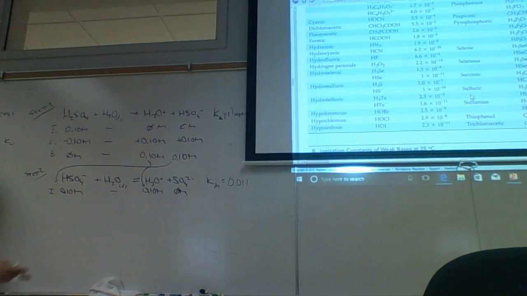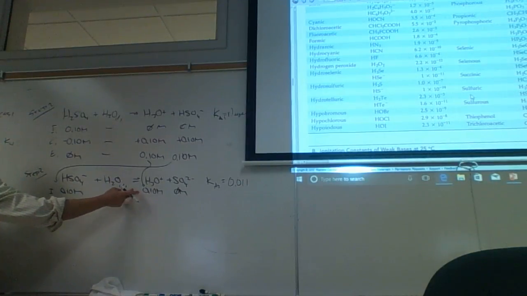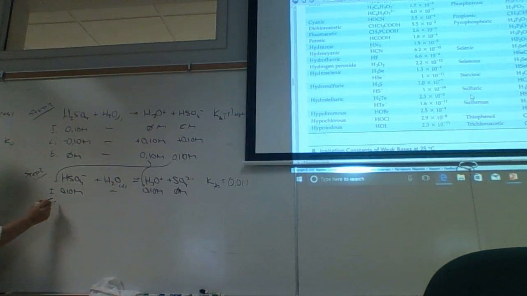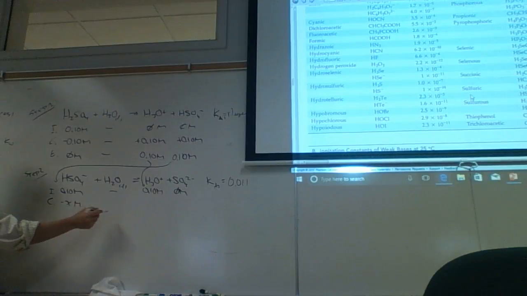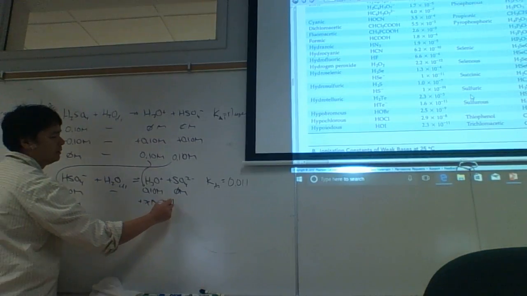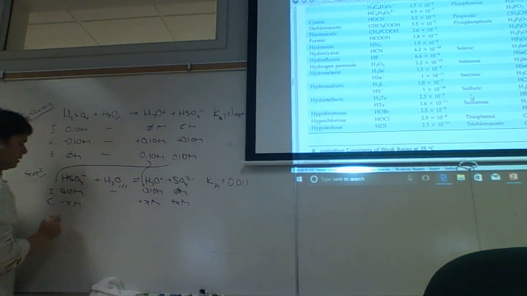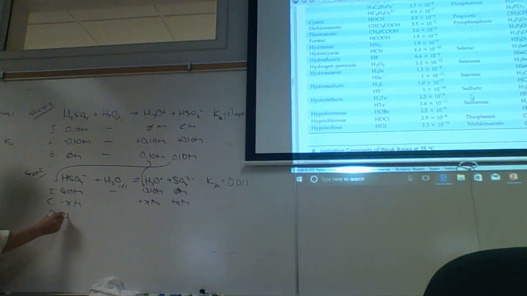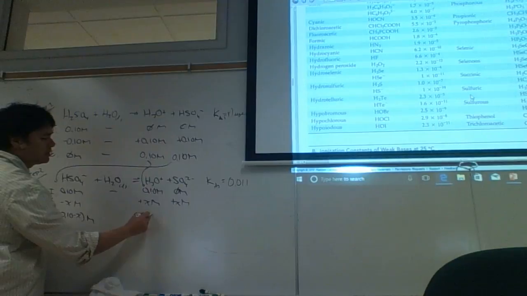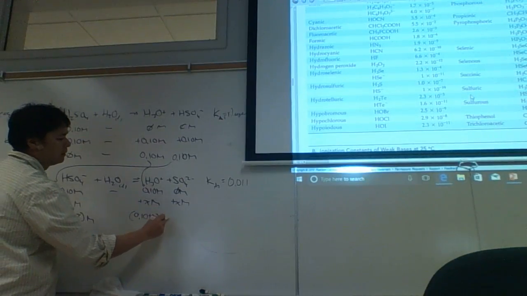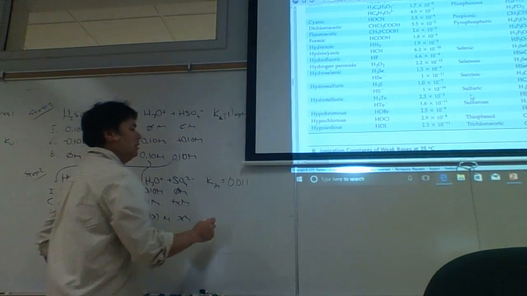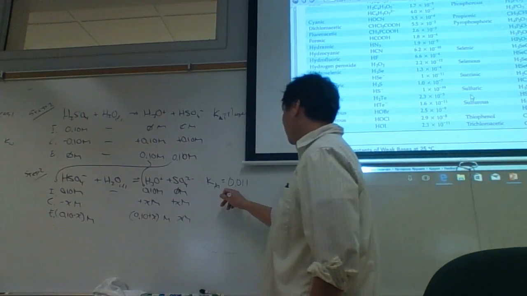And so that's why we can't put this at 0 here, otherwise that could screw things up. So this is going to be minus x, plus x molar, and plus x molar here. And so we'll have 0.10 minus x molar, 0.10 plus x molar, and x molar here. All right, so let's figure out what x is in this case.